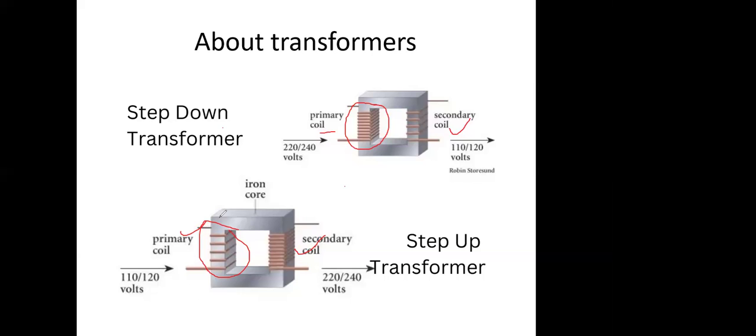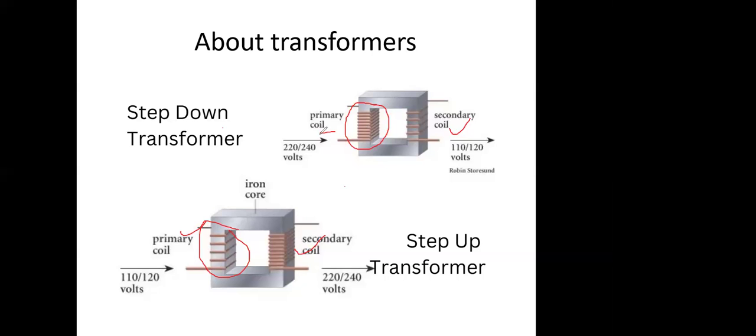Because the primary coil is our input coil, it's where our voltages are entering from. They are the input coils. So it means that the number of coils, first of all, is directly proportional to the voltage that is there.